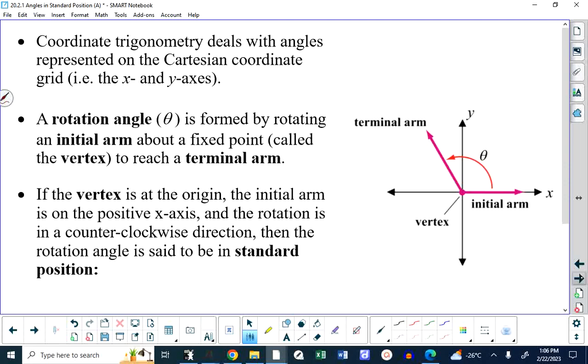This is a little counterintuitive, this next bit of business, but you will get used to it. This is an example of a rotation angle, and can you see the arrow on the end of that red arc? You can see it, right? It's rotating in that direction. And if you look at the second or minute or hour hand of a clock, it moves in the opposite direction. So clocks move in clockwise directions.